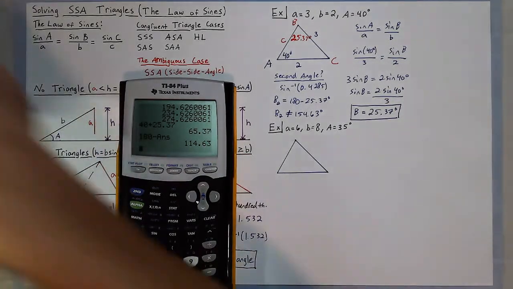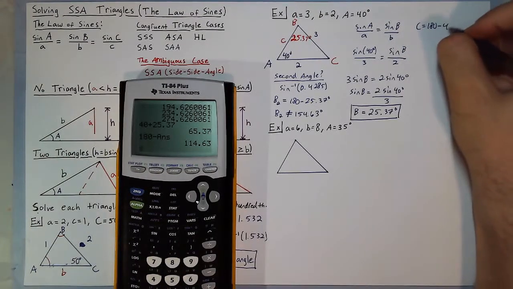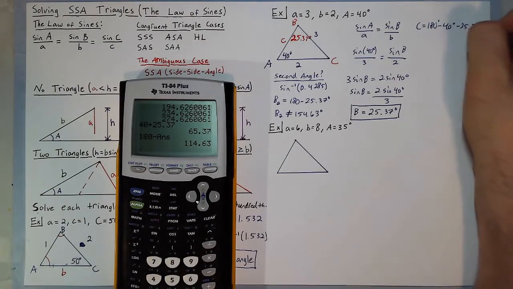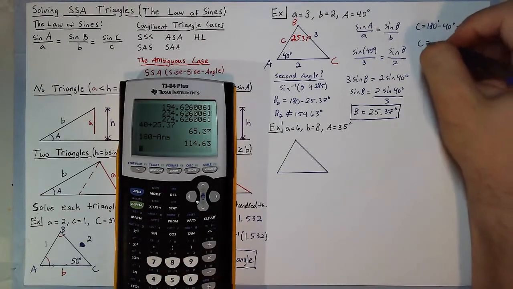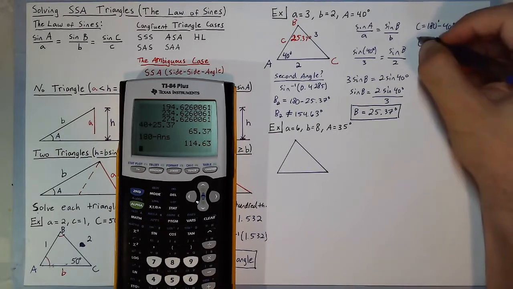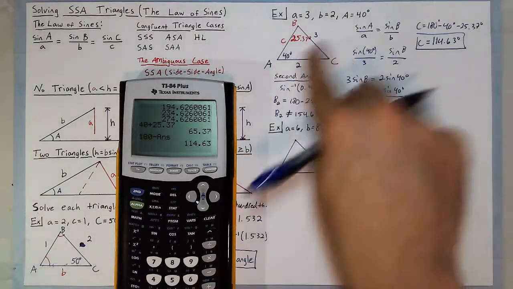Now I'll write that up top here. C should equal 180 minus 40 degrees minus 25.37 degrees, giving me C is equal to 114.63 degrees.